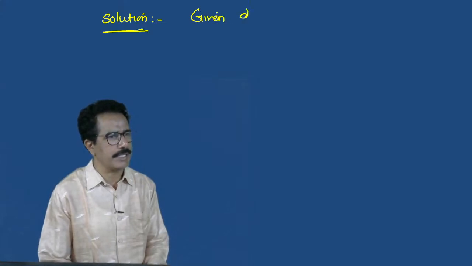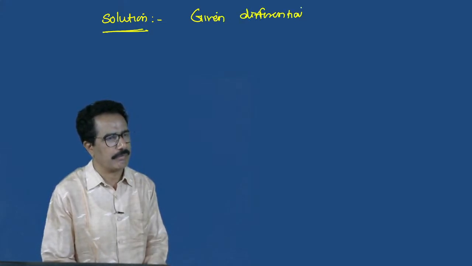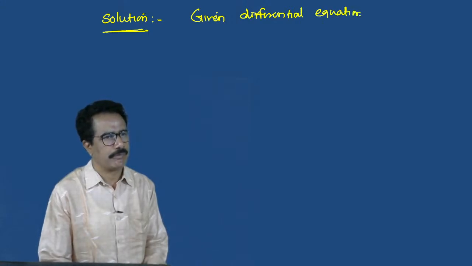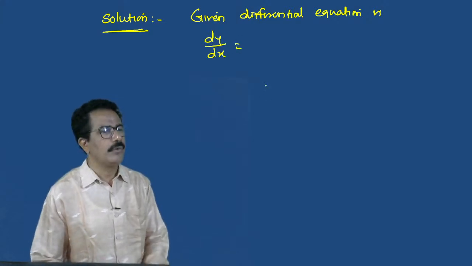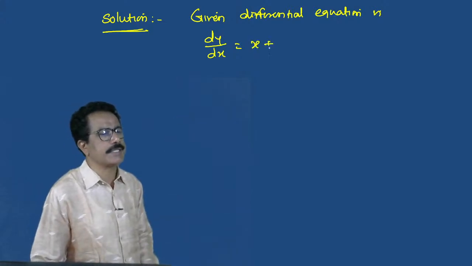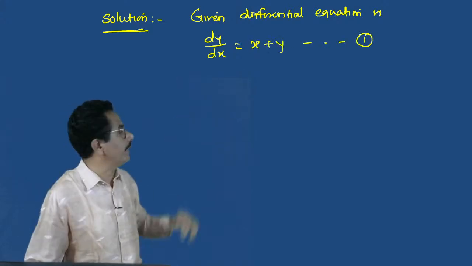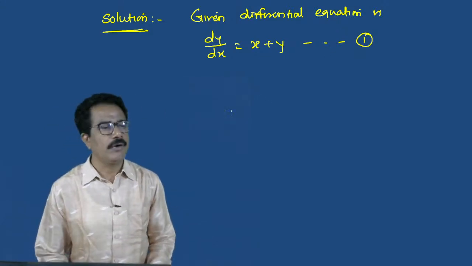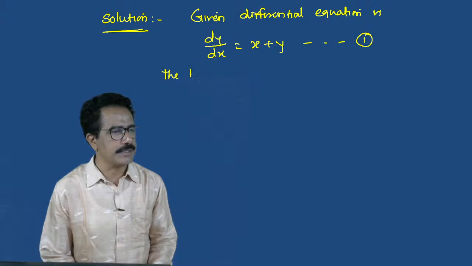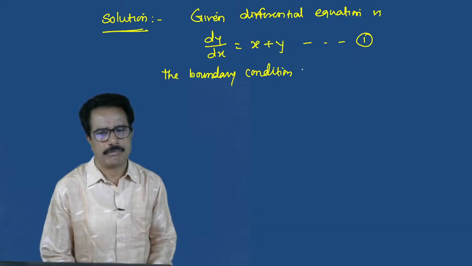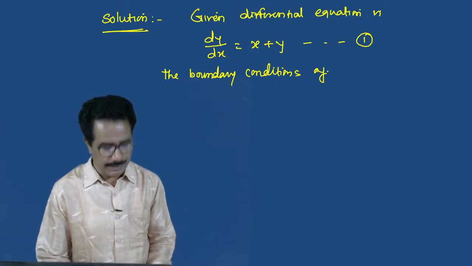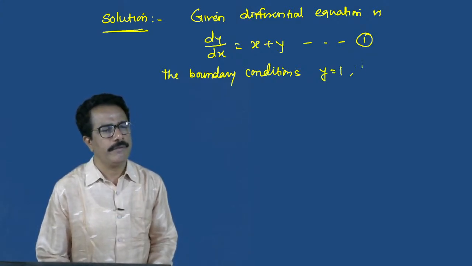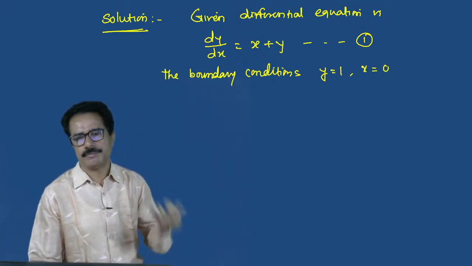Given differential equation is dy by dx equals x plus y. Suppose this is equation number 1. This is the differential equation. Now the boundary condition is y is equal to 1 when x is equal to 0, means x0 is 0.